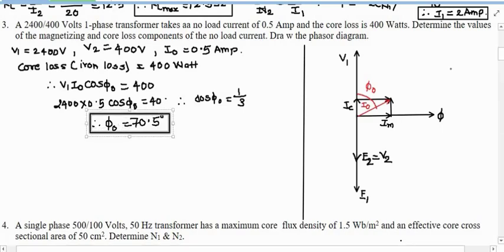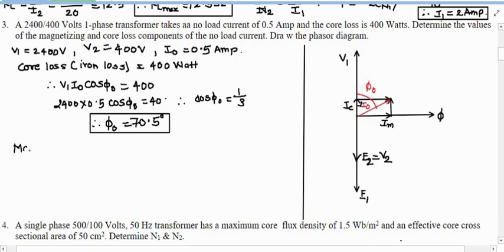Okay. Then from this, now this is your right angle triangle. As this is your phi 0, I can write down my Im is I naught sine of phi 0, and IC is I naught cos of phi 0. So we can find out both components.